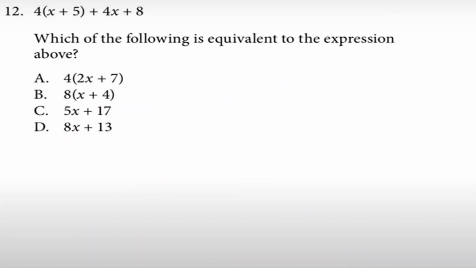All right, in question number 12, it gives us an expression, and it says, which of the following is equivalent to the expression above? So first thing we want to do is get rid of the parentheses. To do that, we need to multiply 4 times x and 4 times 5. That's going to give us 4x plus 4 times 5 is 20.